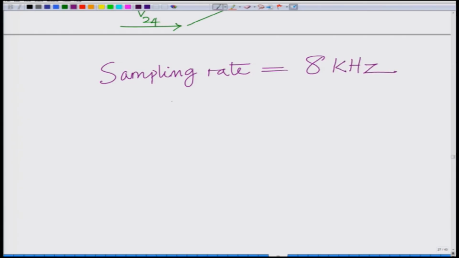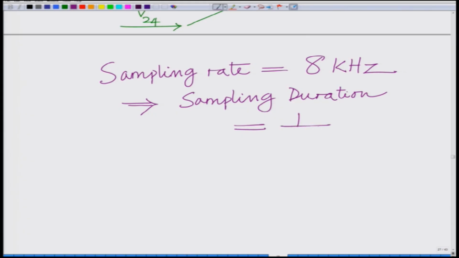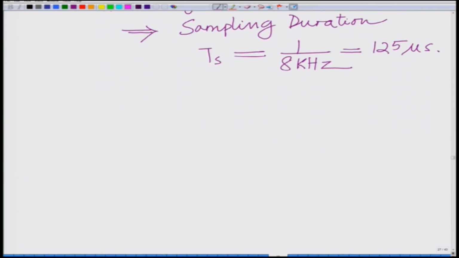Sampling rate of 8 kilohertz implies sampling duration Ts equals 1 over 8 kilohertz, that is equal to 125 microseconds. Now, we can also call this the frame duration.